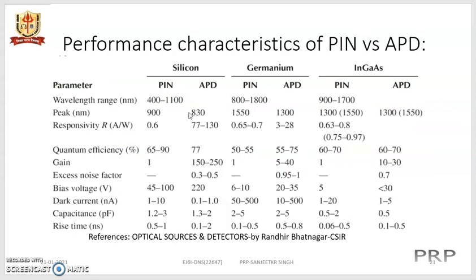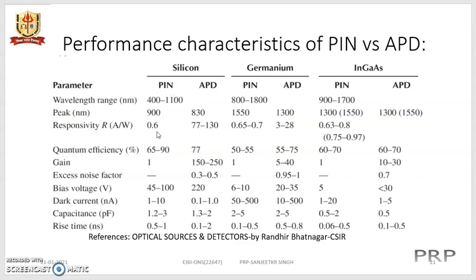Now here we can compare the performance of the PIN against the avalanche photodiode with respect to a number of parameters. Here we have silicon as the main material for PIN and APD, here germanium and here indium gallium arsenide. We can see the responsivity, which is given as the photocurrent generated per unit of input power.